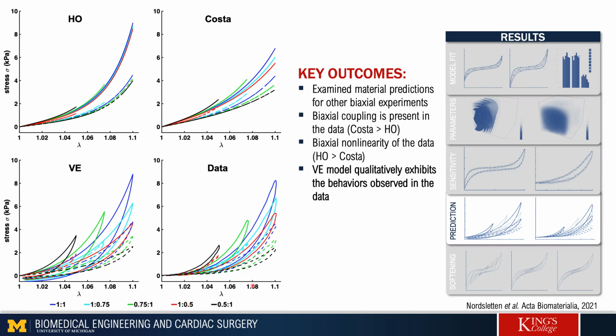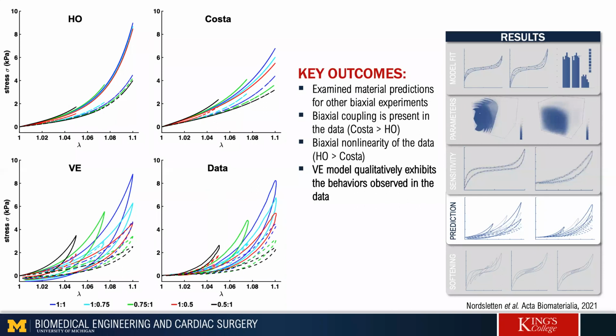What you can see, which is really interesting here, is that if you go from this solid blue curve to this cyan curve, so basically we're changing how much we stretch in the cross fiber direction, you get a noticeable reduction in the stress response that you measure.